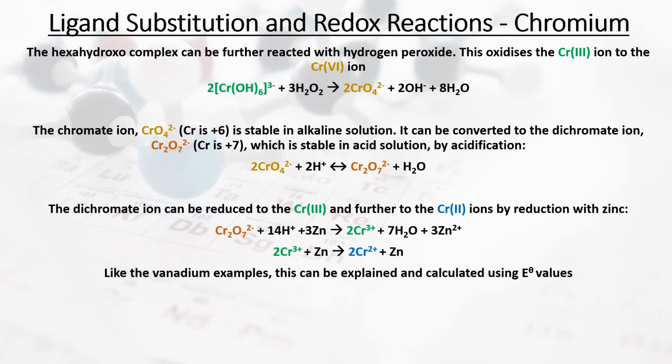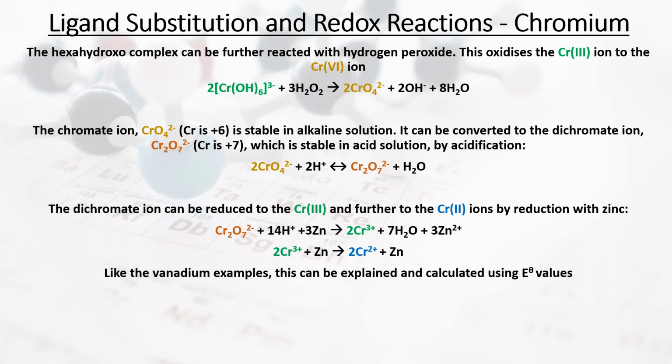Now the dichromate ion can be reduced to our chromium 3 ion. This is what we see when we oxidize an alcohol. We have to get our chromium species being reduced, and so we see the reduction of our dichromate ion, that orange coloured solution where chromium is in the +6 state, down to our green solution of chromium 3. And actually it can be even further reduced down to the chromium 2 oxidation state, which is a blue ion, by reduction with zinc.